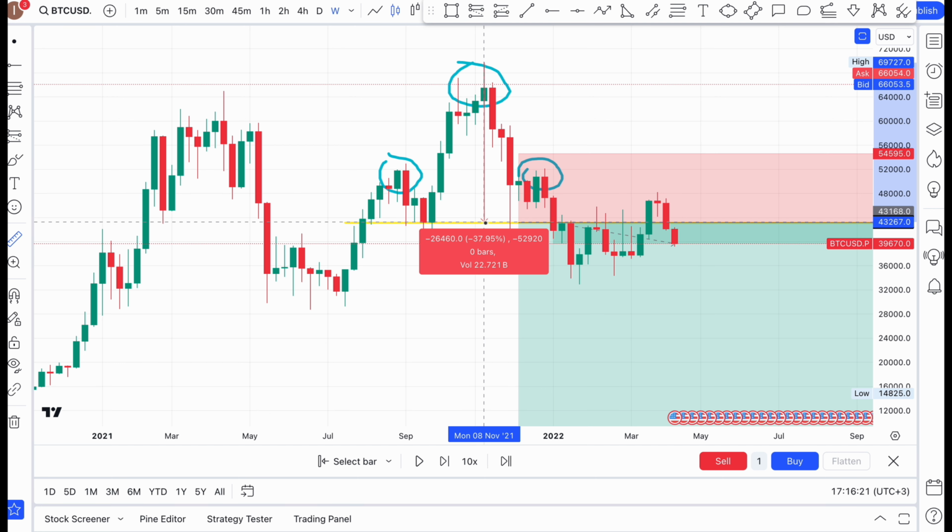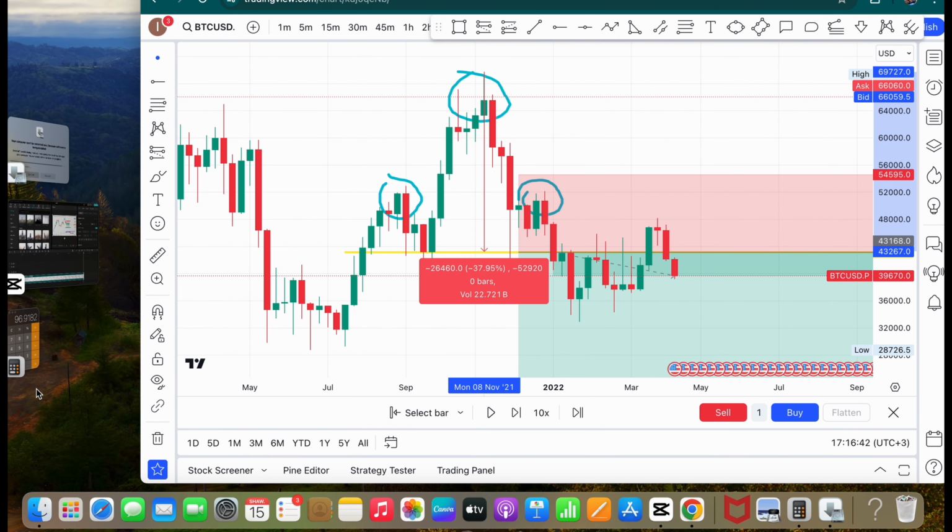We got 37.95. You can see it in the middle. That's what we got. The one in the bracket is what you use in the calculation. So let's times this by 1.618. If you have your calculator there, you can help us times it immediately.